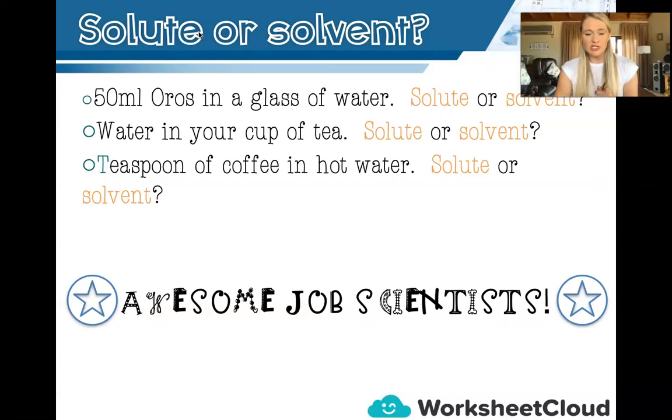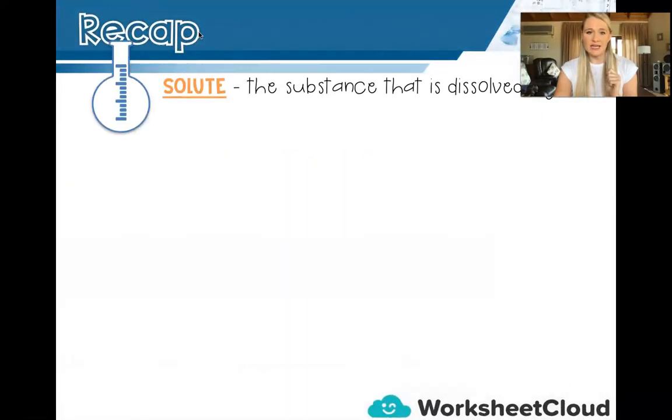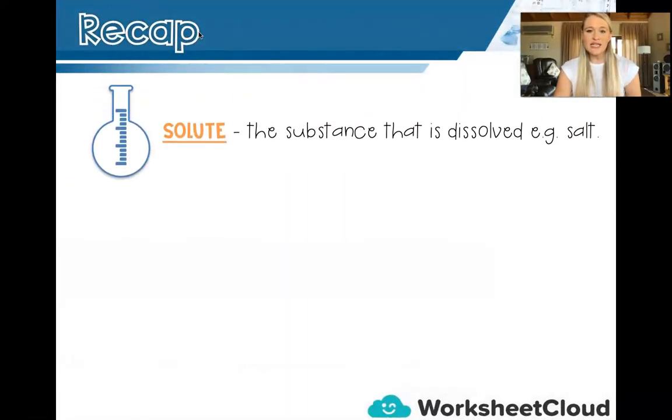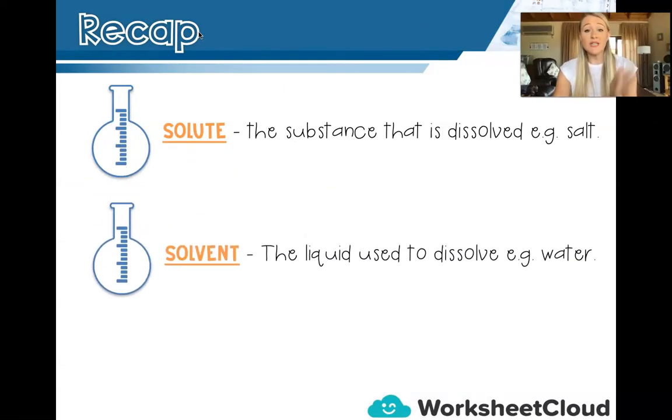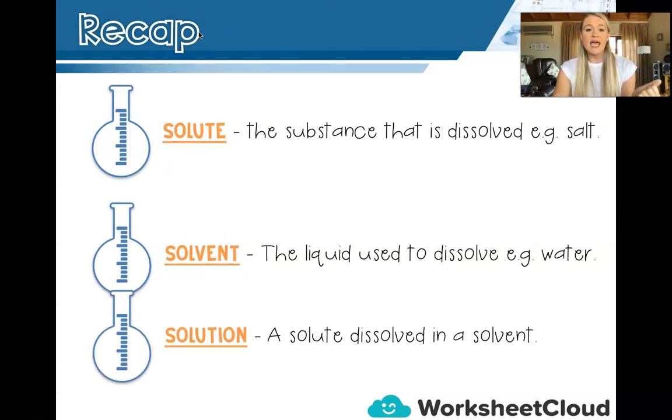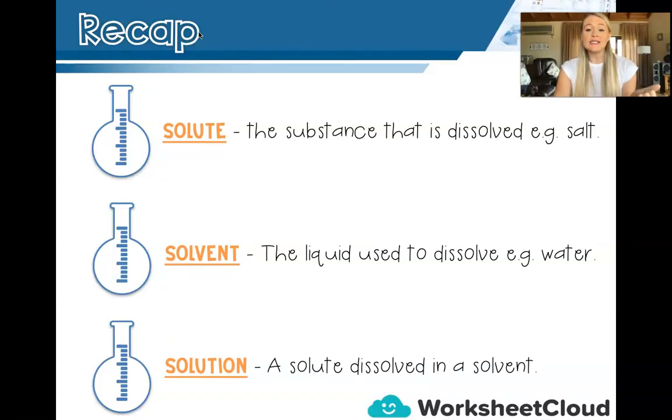Remember your terminology: solute, solvent, solution. Okay, let's recap. Solute, the substance that is dissolved, example salt. Solvent is the liquid used to dissolve, the example water. And a solution is when a solute is dissolved in the solvent.